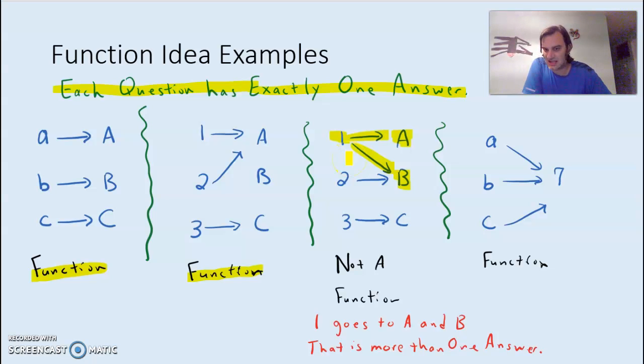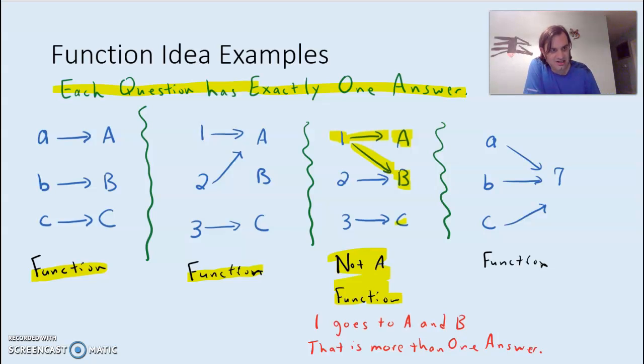Sometimes you might say A, sometimes you might say B, you might say both, but there's not one consistent answer to that question. That's like if we were working a problem and some people got one answer and other people got the other answer. That's not good. 2 going to B is not a problem, and 3 going to C is not a problem. But if our function falls apart anywhere, it's not a function.